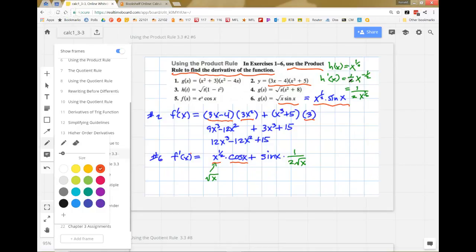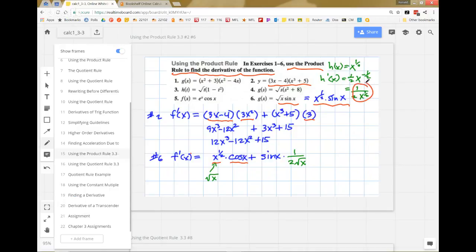Power rule, 1/2 x, and then reduce the power, negative 1/2. Isn't that the same as that? That green up there on the top is where I got the 1/2 times the square root of x.